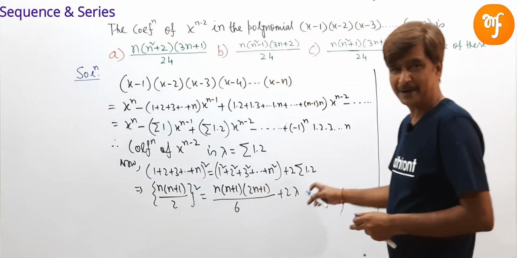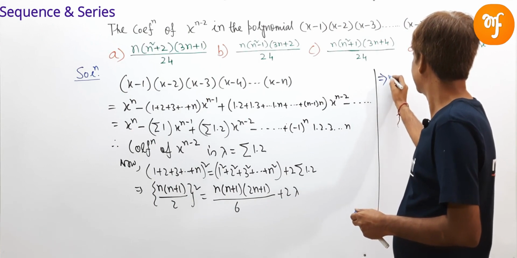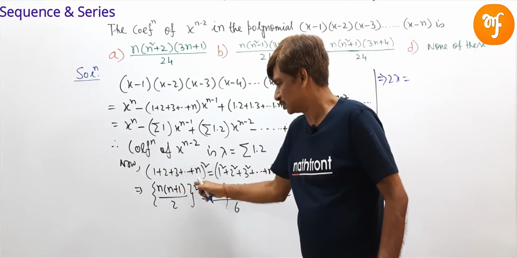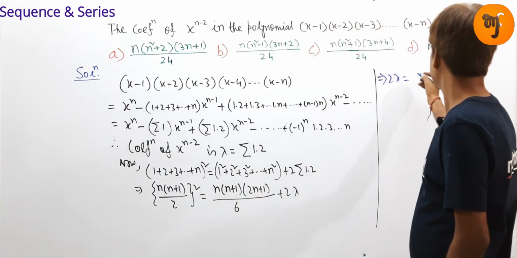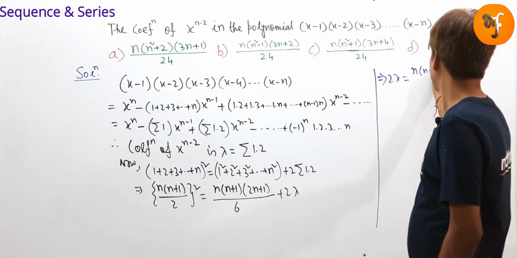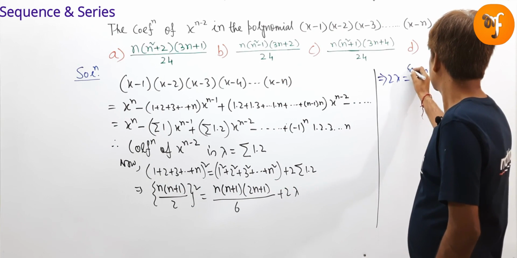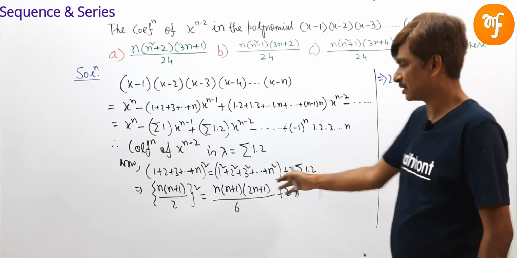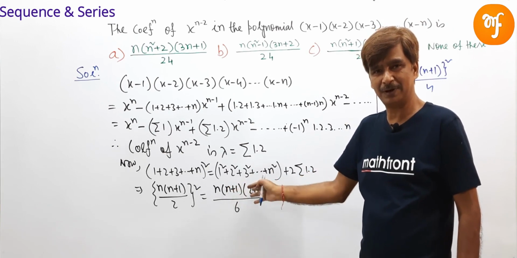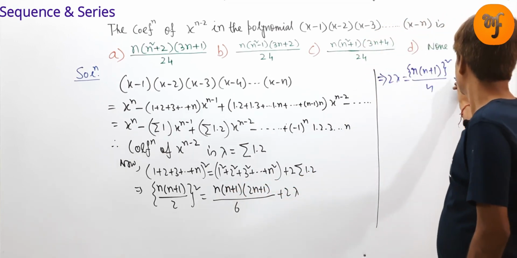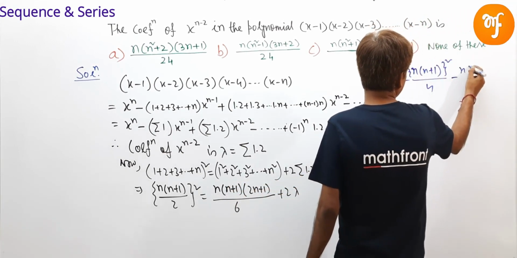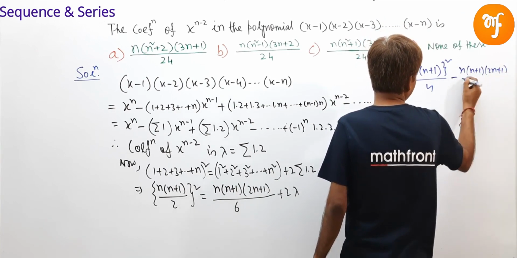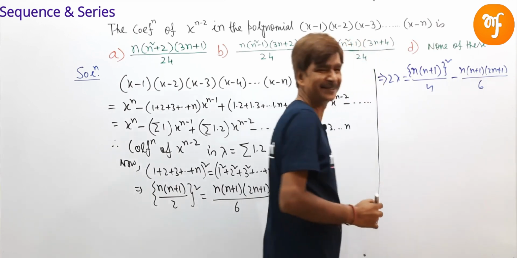So 2 into lambda can be written as n into (n plus 1) whole square by 4, minus n into (n plus 1) into (2n plus 1) divided by 6.